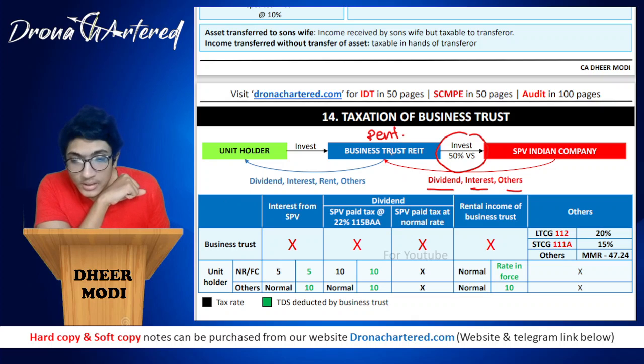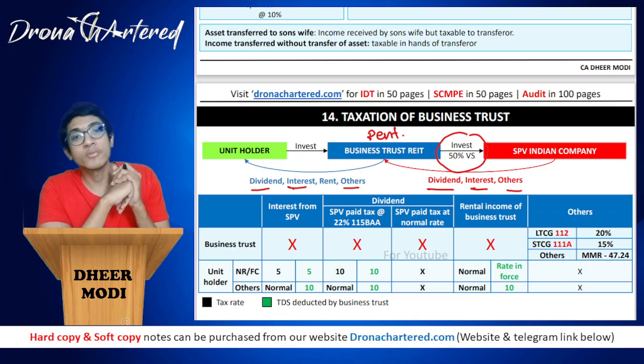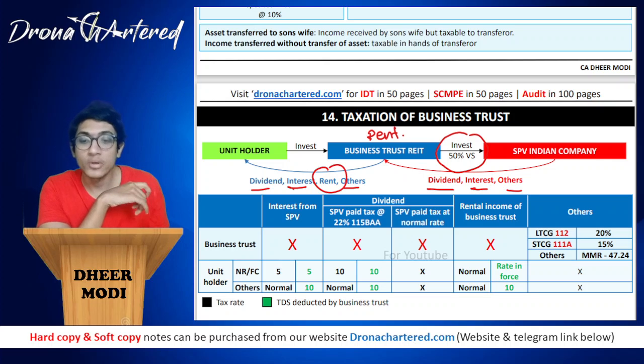This business trust will transfer to the unit holder. The unit holder invests in your REIT. So now this unit holder will get dividend, interest, and other income, that it was already receiving from the SPV. Now it will also get additional rent because your business trust earns rent. Okay, so this is the structure of the flow.